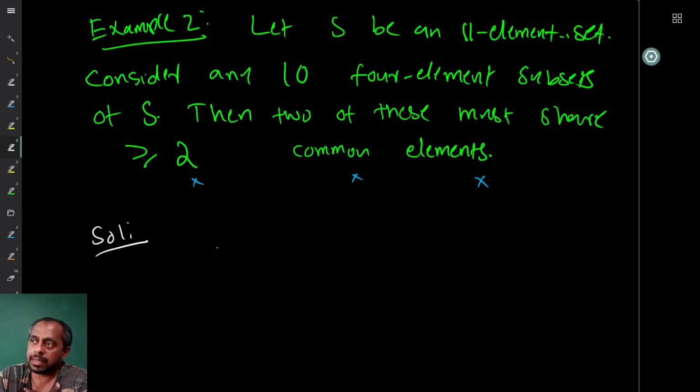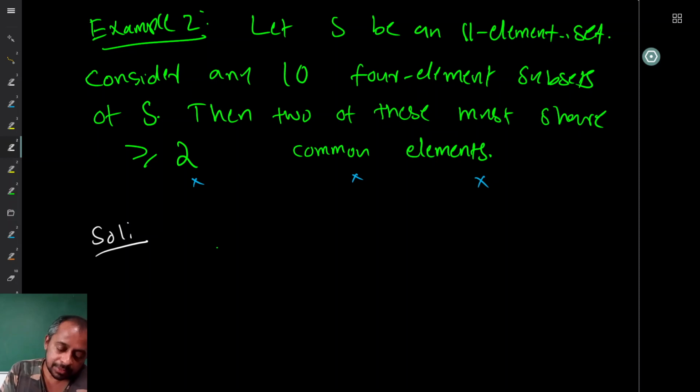So if I want to show there are 2 elements in common, I can say that if you look at the 2 element subsets, they have an intersection. That is also good enough, right? If I show that these 2 element subsets have a non-empty intersection, that is also fine.